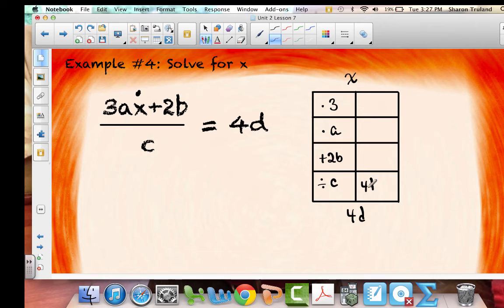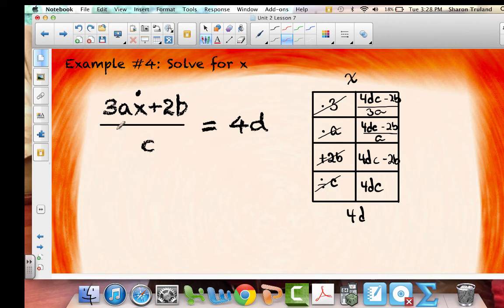So we'll start with the 4d, and instead of dividing by c, we'll multiply by c. Instead of adding 2b, we'll minus 2b. Instead of multiplying by a, we're going to divide by a. And then instead of multiplying by 3, we're going to divide by 3. But you see how we already have this division sign there? We don't need to put another one down. There's our final answer.